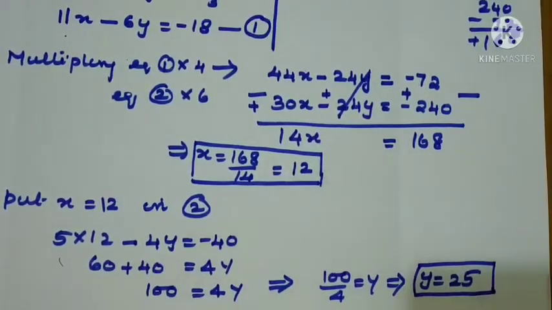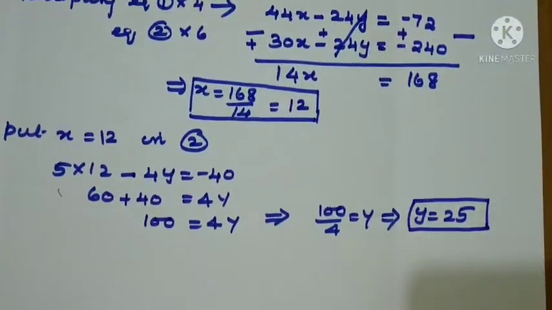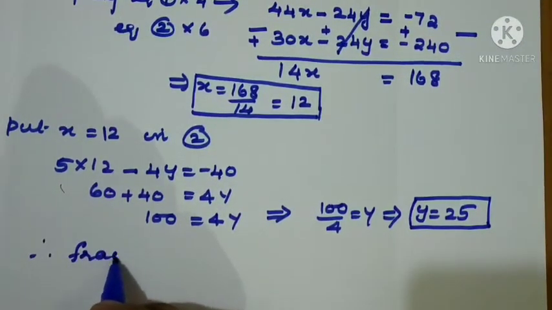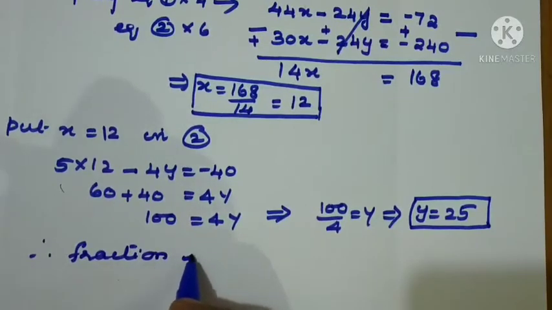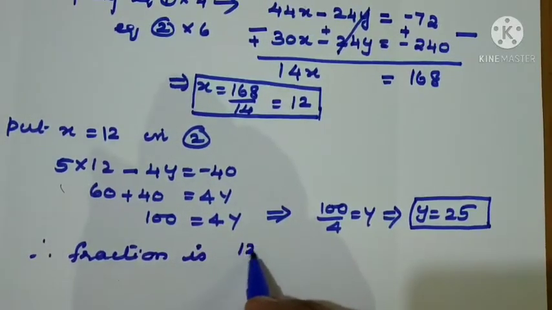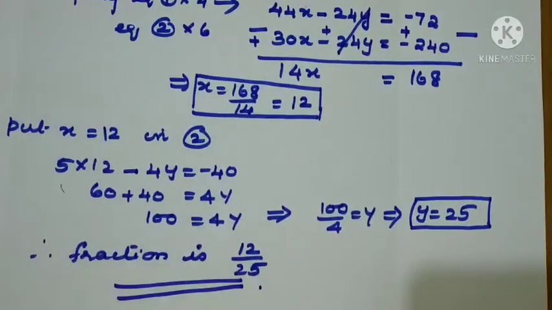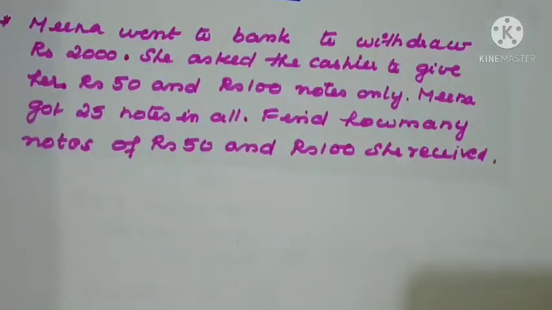So we got x and y values. So we'll put the values in the fraction now. Therefore the fraction is 12 by 25, because x is the numerator and y is the denominator.